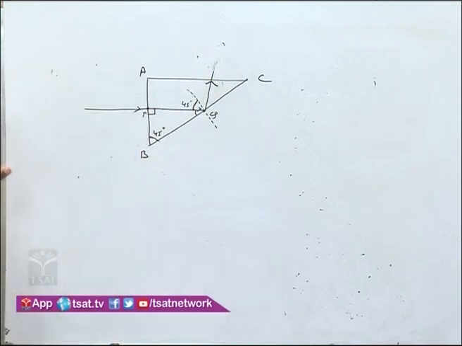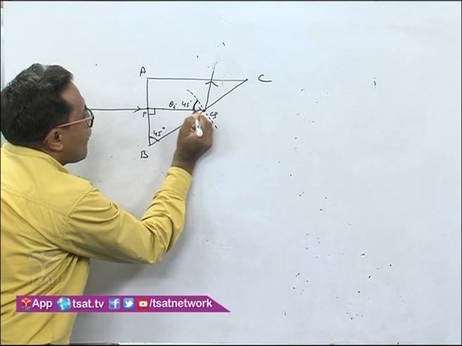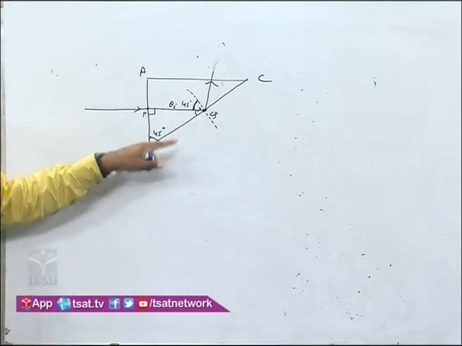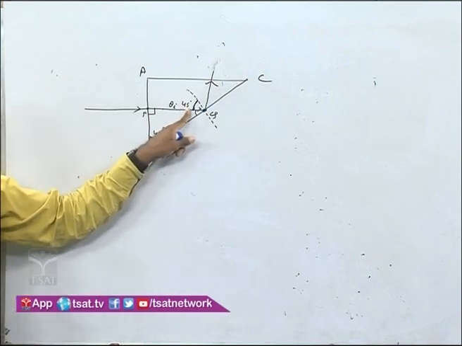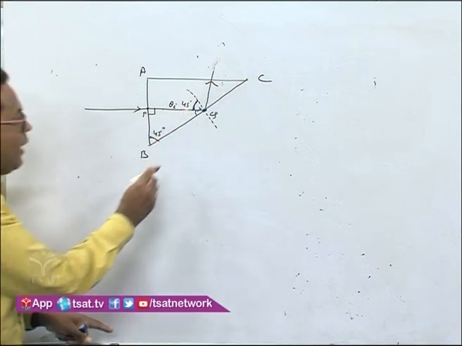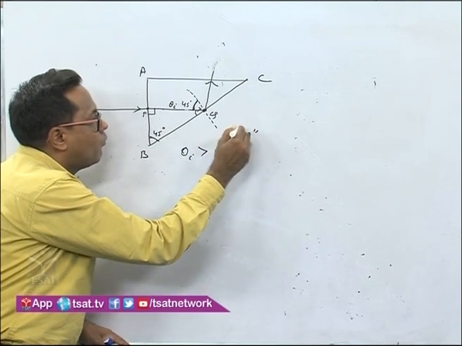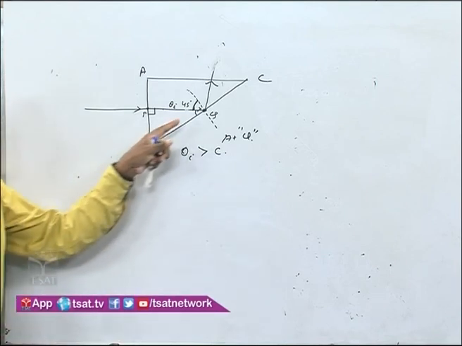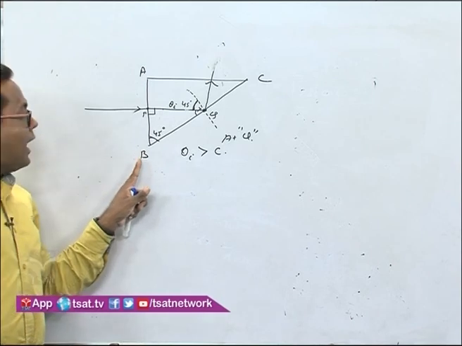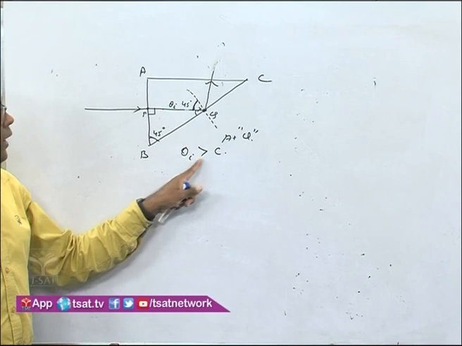Now for TIR to happen, what is the condition? Say this is the angle of incidence theta I for this surface. So for TIR to happen for the surface BC, this angle of incidence theta I, which is 45 degree right now, should be greater than the critical angle at Q. In order to have TIR at the face BC, this angle of incidence should be greater than the critical angle.